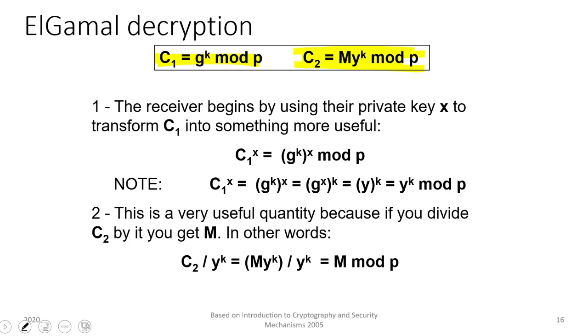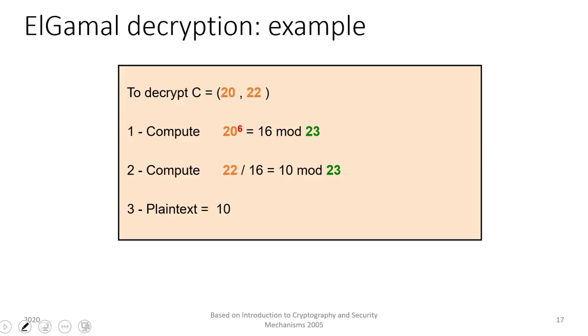So we would try to compute or resolve M using our understanding of these two equations and of our private key. Looking at this example, this is what we receive as our ciphertext.